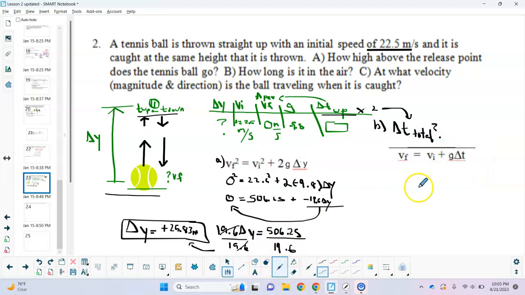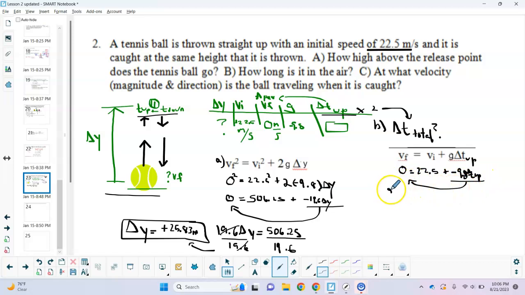So just to recognize that, I'm going to write up here. The final velocity at the apex is 0. The initial velocity was 22.5. Gravity is negative 9.8. And then we're looking for the time up. What I like to say here is that I am a positive person. So when I solve this equation, I'm going to take this negative term and make it positive.